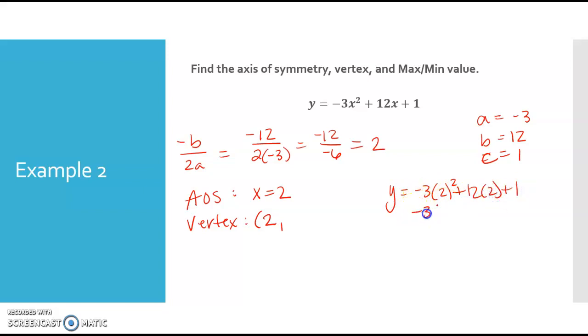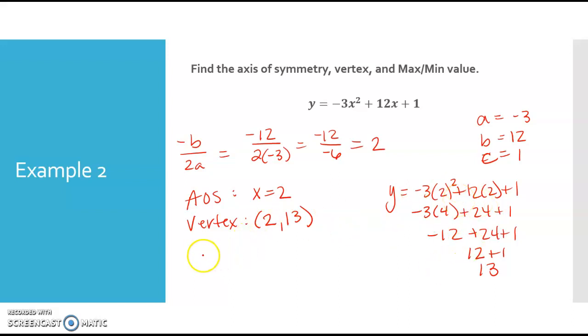So I have a negative 3 times 4 plus 24 plus 1. I've got a negative 12 plus 24 plus 1. This gives me 12. Negative 12 plus 24 is 12. Plus 1 is 13. So my y value of the vertex is 13 because when x is 2, my y is 13.